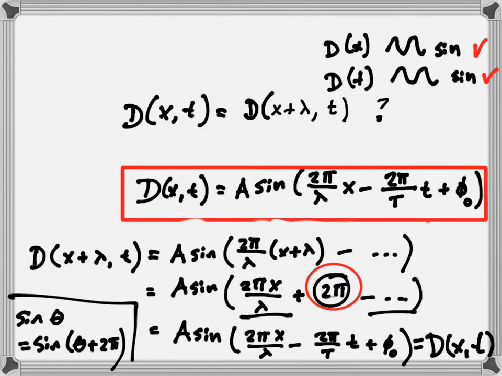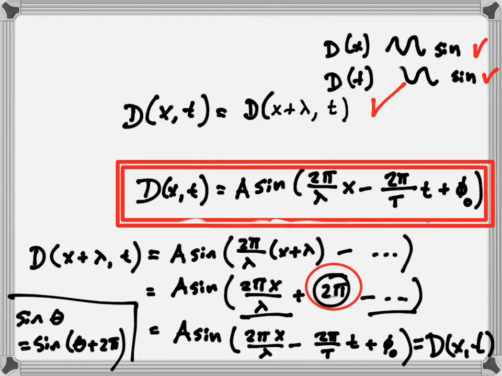If you take the sine of theta and replace theta with theta plus 2 pi, the value of the sine is unchanged. So it doesn't matter if you add any multiple of 2 pi in the argument of a sine, cosine or tangent function, you don't change the value of the function. So we can get rid of that 2 pi, and as we said, we have proven that the function is periodic in position with a period lambda, the wavelength.